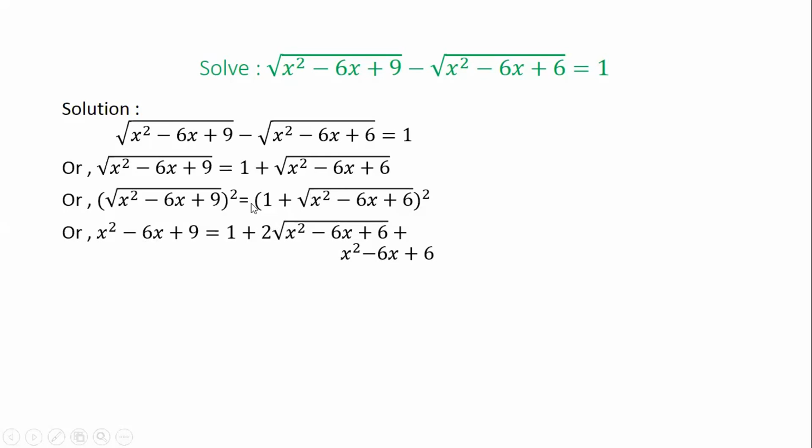And if we apply here a plus b whole square formula, then we get 1 plus 2 root over x square minus 6x plus 6 plus x square minus 6x plus 6.